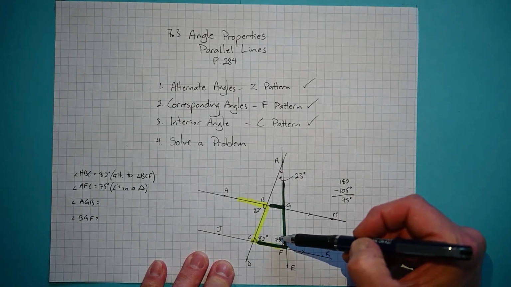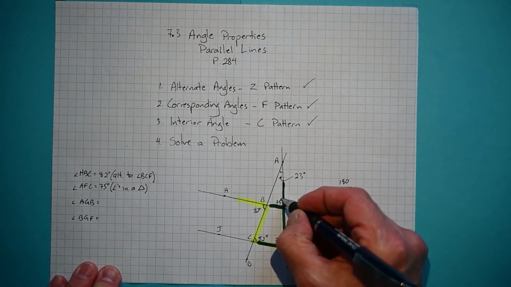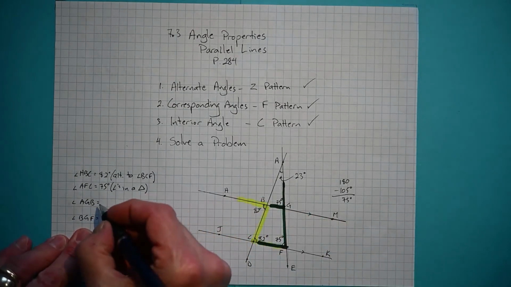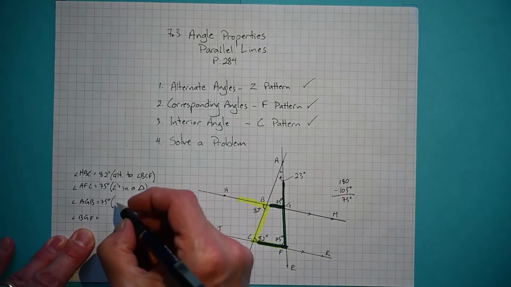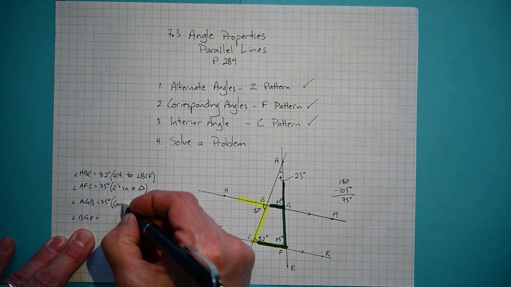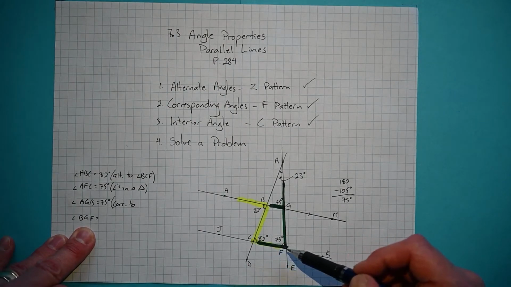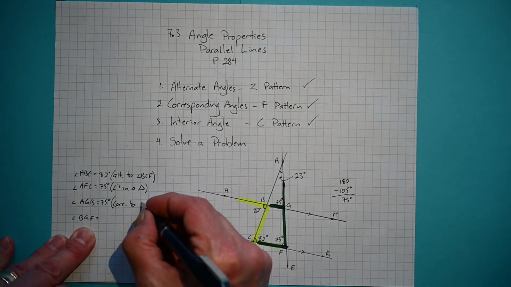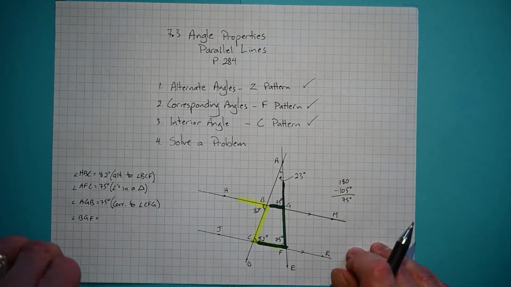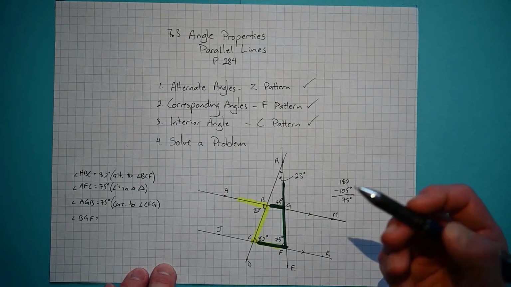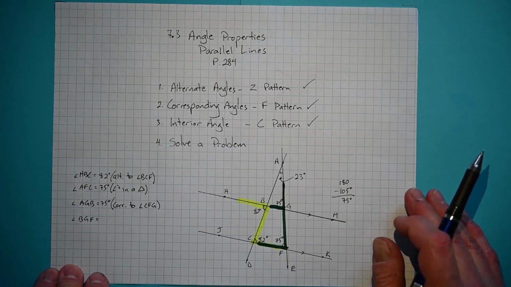They correspond to each other, and so we know that this angle is 75 degrees. So I can now say 75 degrees over here, and the reason, it's corresponding to angle CFG. Okay, good. So in other words, once you've figured out one angle, you may then use that to figure out your other angles. One to go.